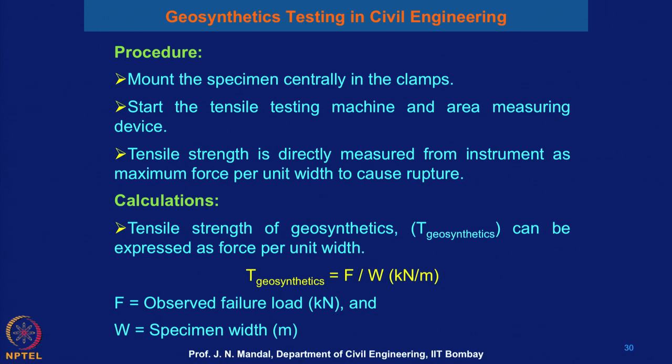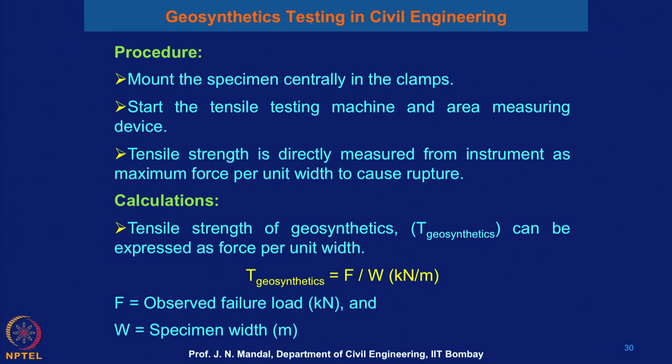Now, the procedure: first mount the specimen centrally in the clamp, start the tensile testing machine and the area measuring device. Tensile strength is directly measured from the instrument as maximum force per unit width to cause rupture.